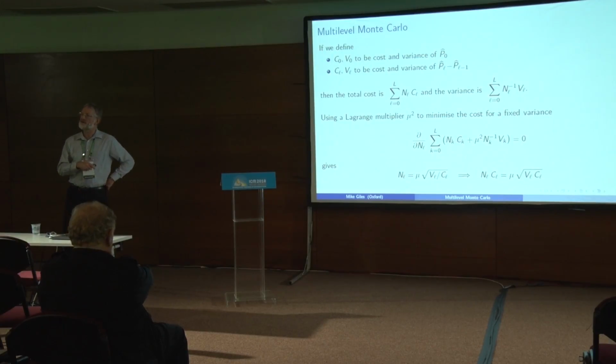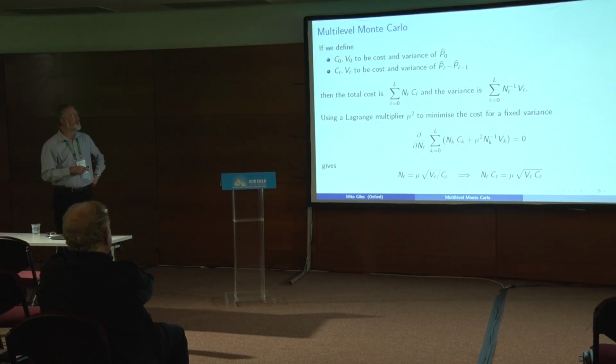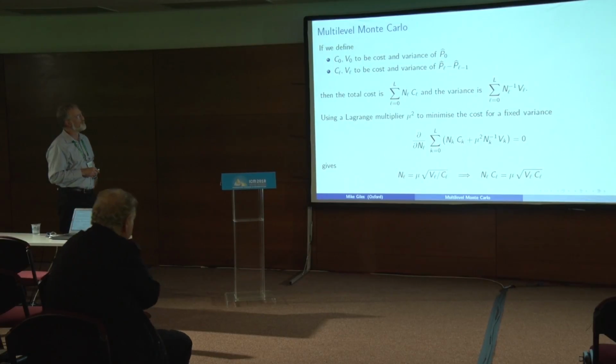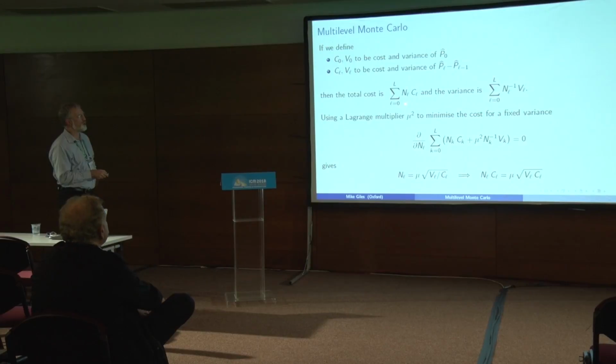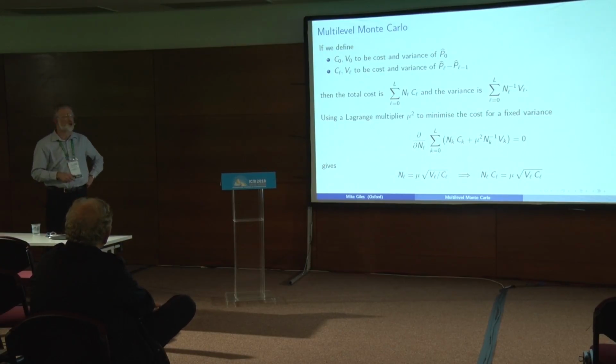So if we now define C and V to be the corresponding cost and variance of these quantities, so on level 0, we just have p hat 0. On the higher levels, we have the difference between level l and level l minus 1. Then the total cost is just going to be a sum over levels of the number of samples times the cost per sample.